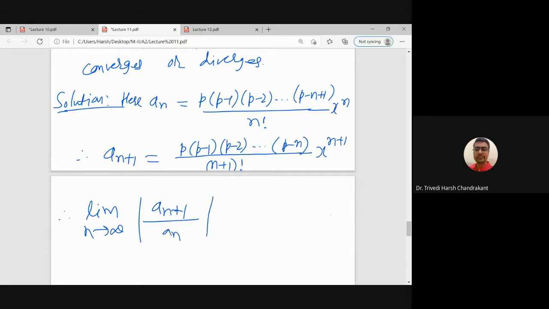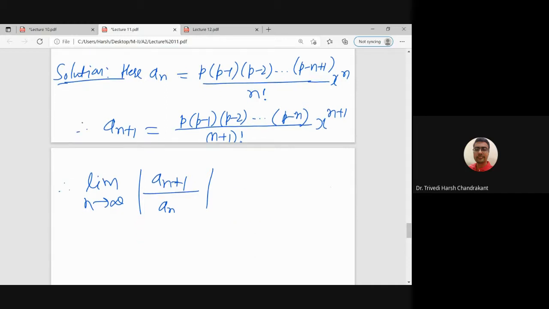So what is the ratio test? The ratio test says the given series converges whenever this ratio is less than 1, and it diverges whenever this ratio is greater than 1. Right. So first let us find out this particular limit for this example, and then we'll use this condition for when it is less than 1 and when it is greater than 1.